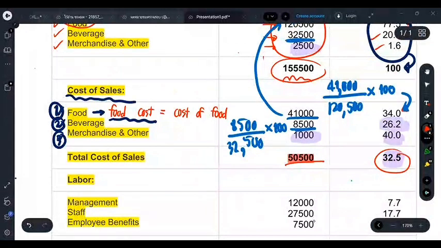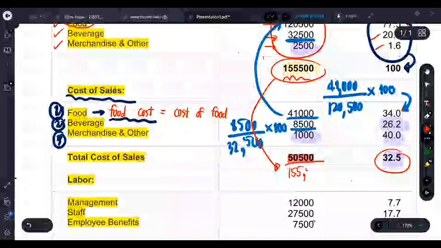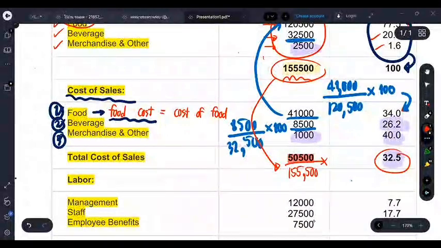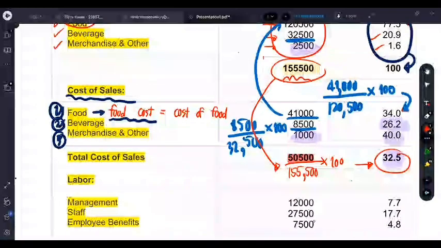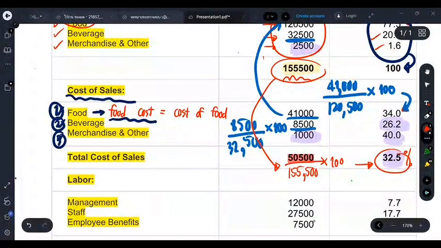The total revenue is 55,500. So we can use this number to divide them. And after that, multiply with 100. We will get the percentage of the cost of sales, which is 32.5%.